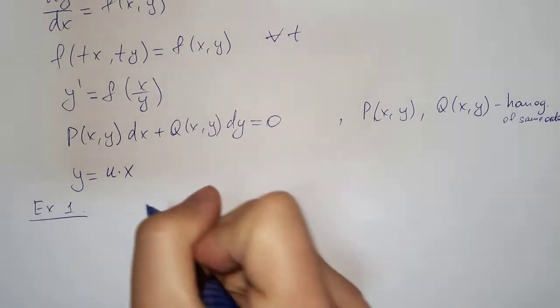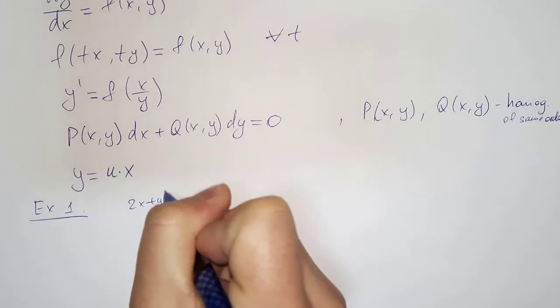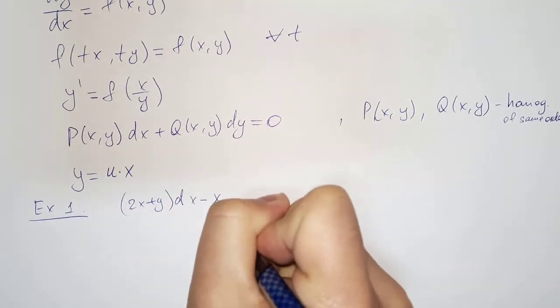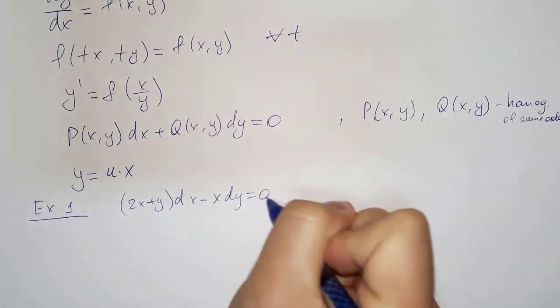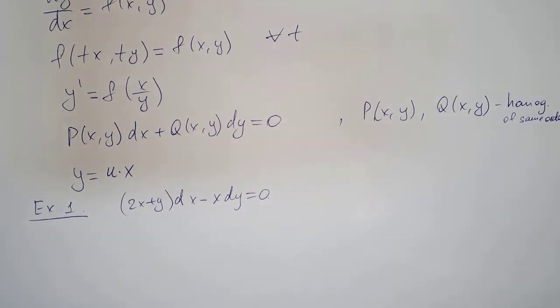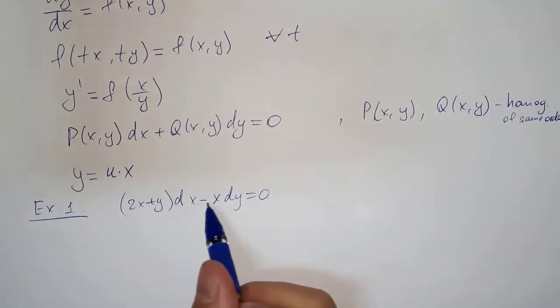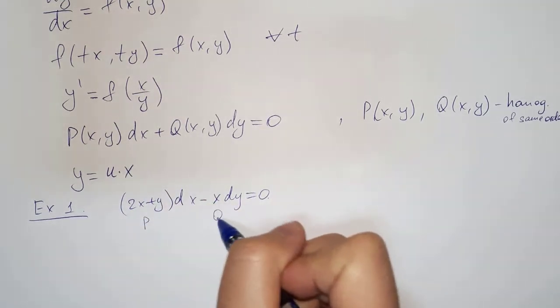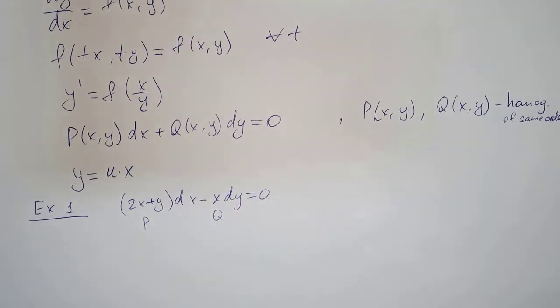Solve the differential equation (2x plus y) dx minus x dy is 0. It's obvious that this is our P and this is our Q, and they are homogeneous functions of the first order.